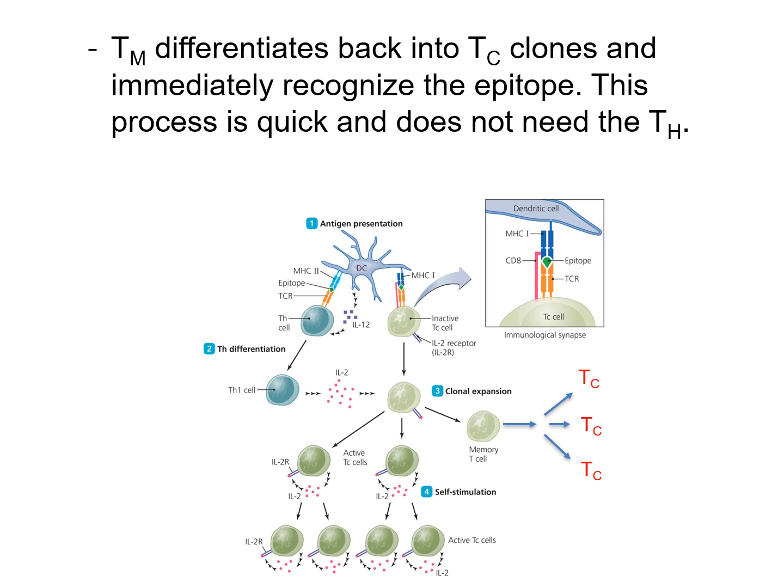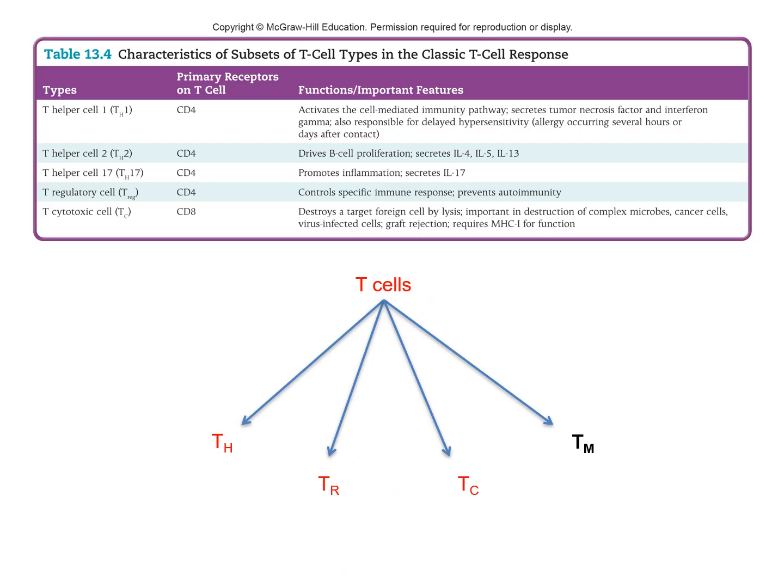This is quicker and it is enhanced, and it does not need the T helper cell to release interleukin 2. So you just eliminated a step, which makes it quicker. So that concludes the memory cell, one of the subsets.